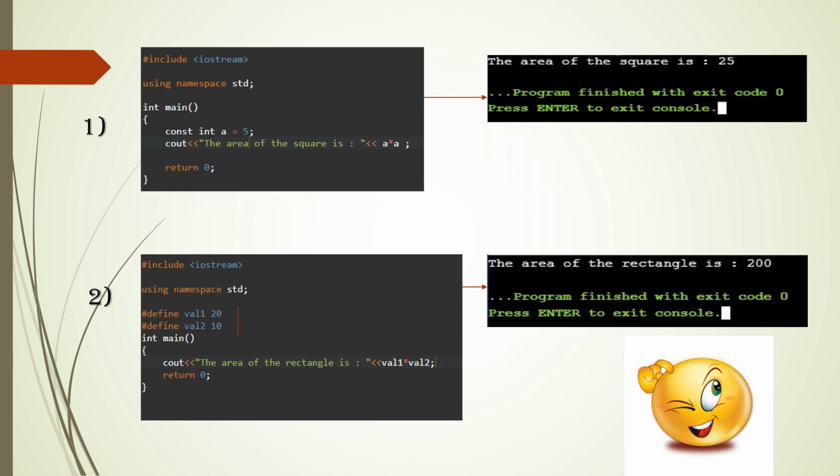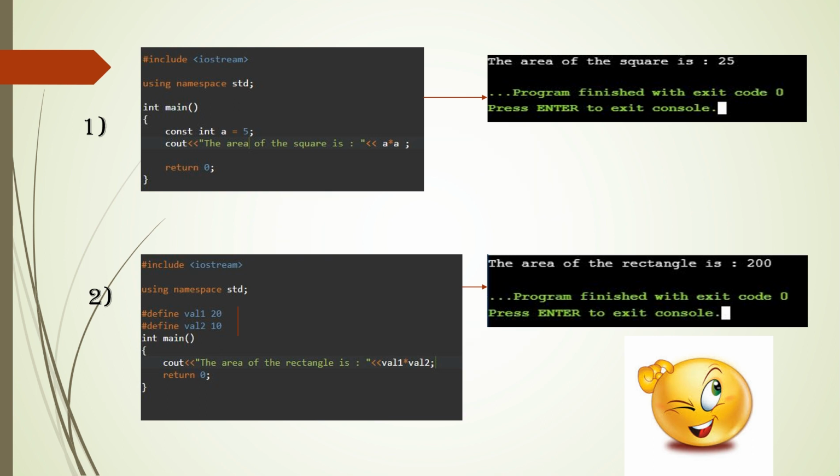Here I have defined the constant by using the hashtag define preprocessor, and for this, you have to define it outside the main function. Here I have assigned the values for val1 and val2. The val1 and val2 are the variables, and the values they are holding are 20 and 10 respectively.